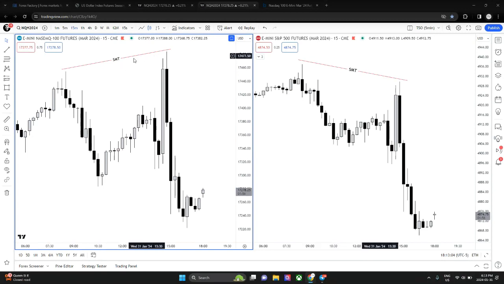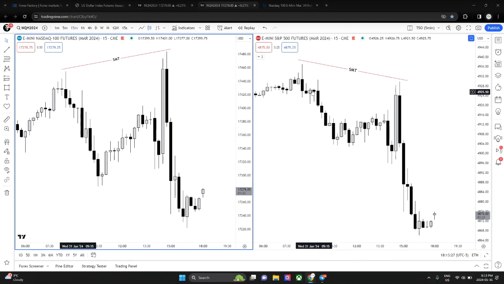And remember that this is also sequential SMT. This high was formed in New York session. And this high was formed when? In the afternoon session. The same thing happened here, right? Well, let's focus on the opening right here, right?